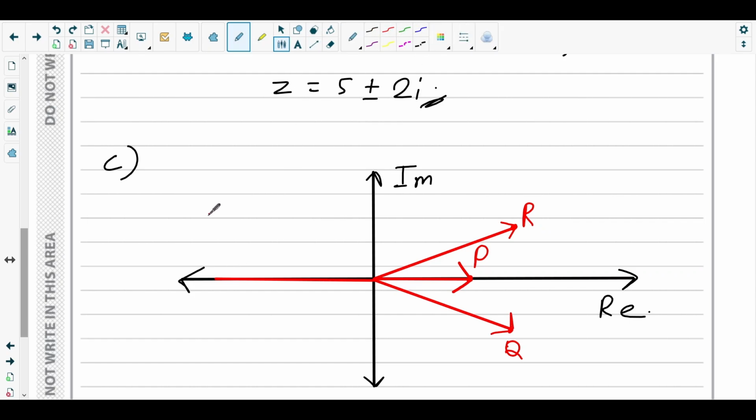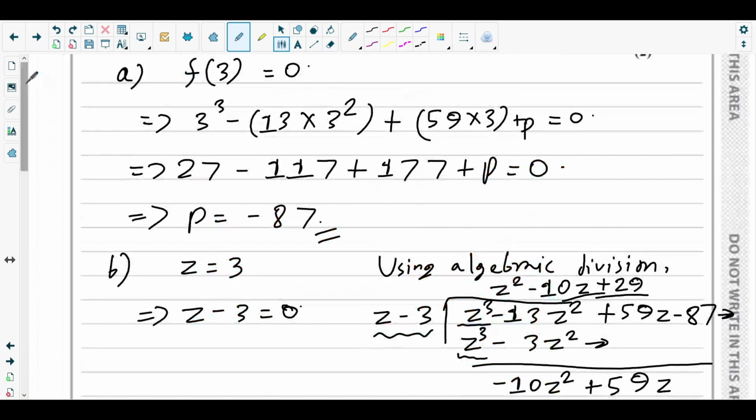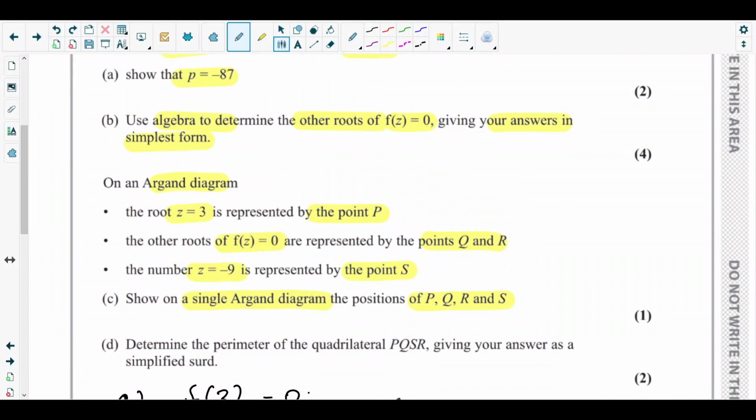Sorry, it's just -9, not -9i. So P, Q, R, and this point is S. Done. These are the 4 points on the Argand diagram, and that's what part C has asked to show.